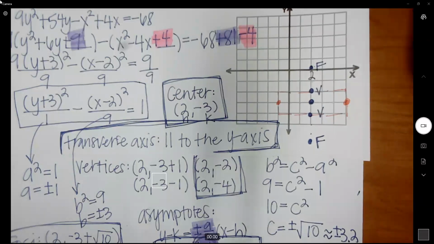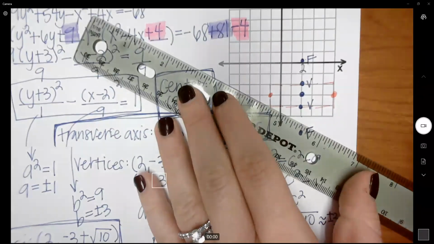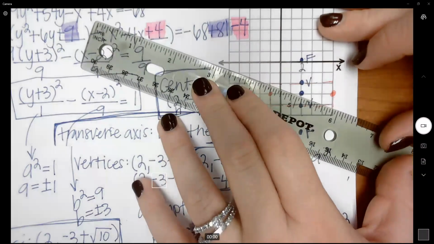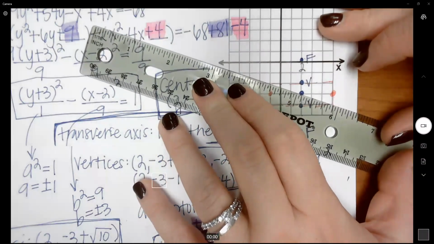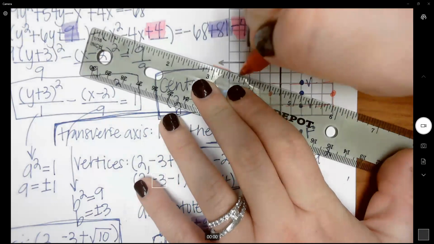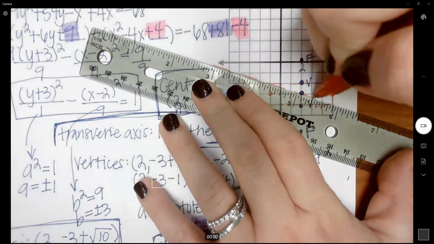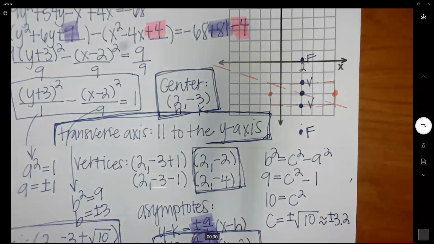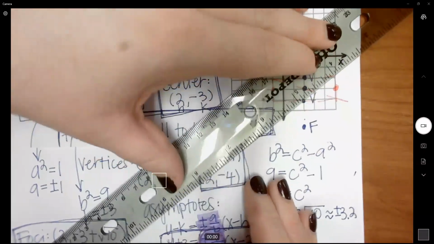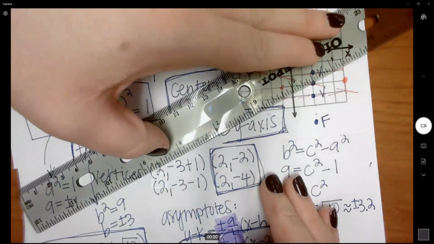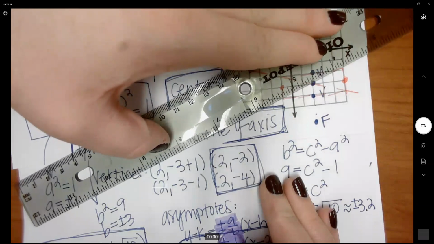So then we'll make our asymptotes, which goes from corner to corner through the center.